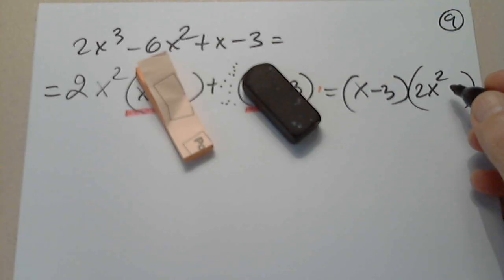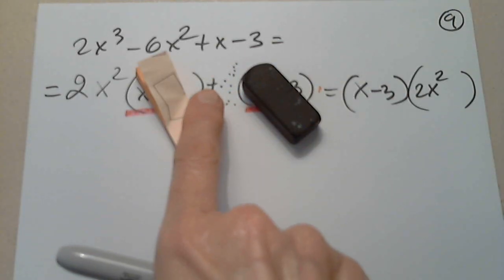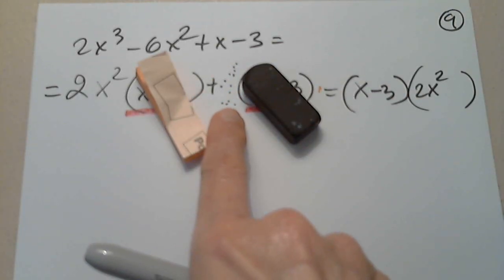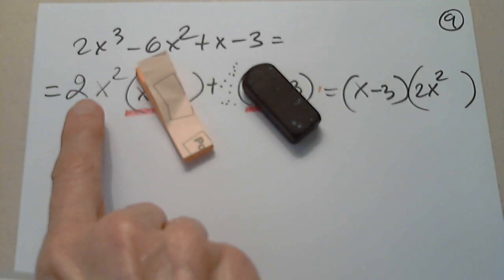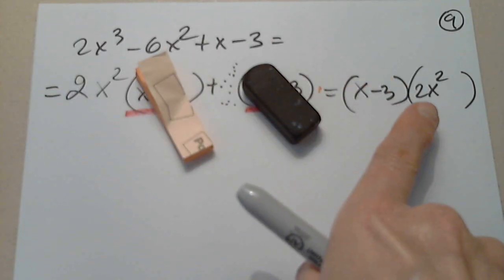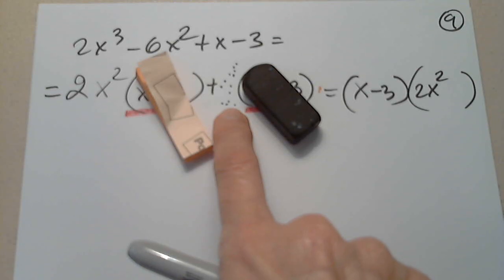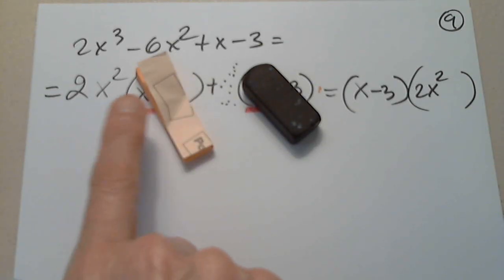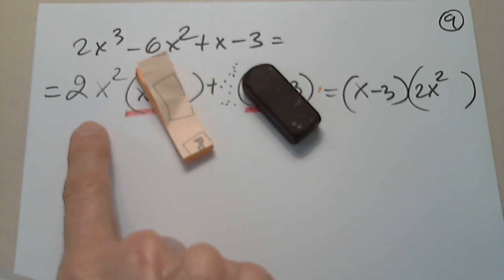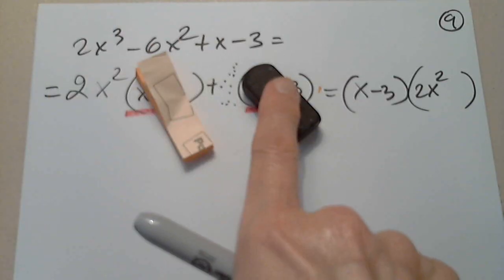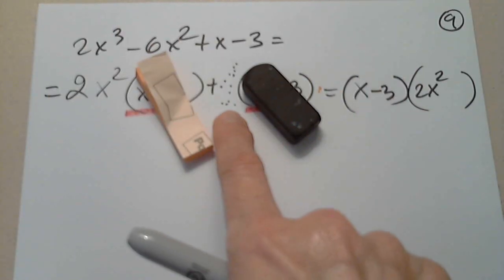Is it -3? Do you see the positive 1 here? Exactly how we wrote the 2x squared, the same way we have to write the positive 1. So what was in front of this factor first, and what is in front of the same factor in here?